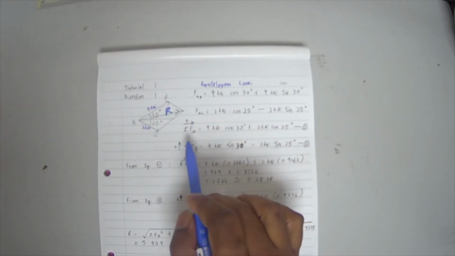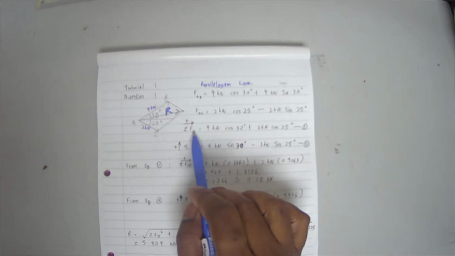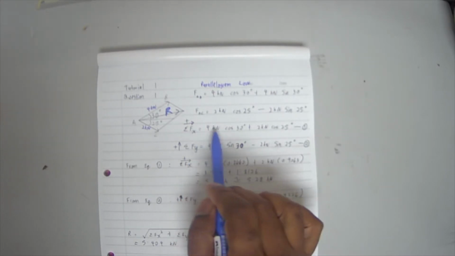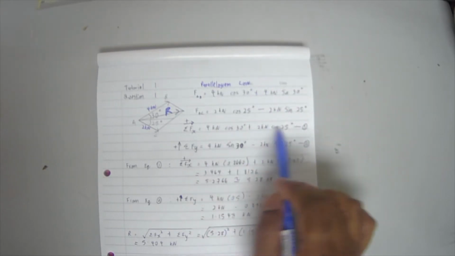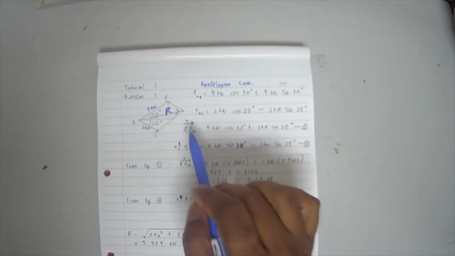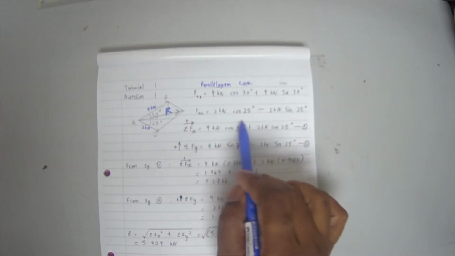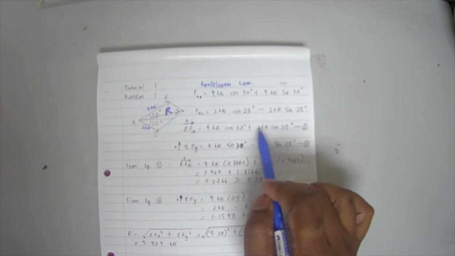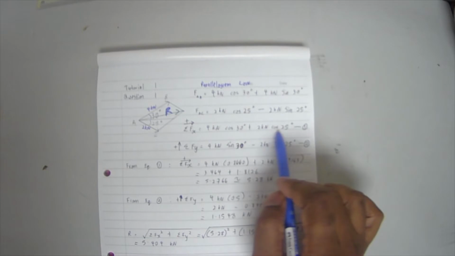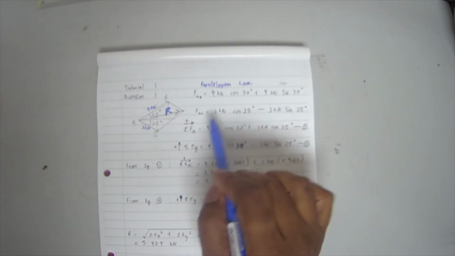Now we are going to write this in axis form, where we put all the x-axis terms in one and the y-axis terms in another.